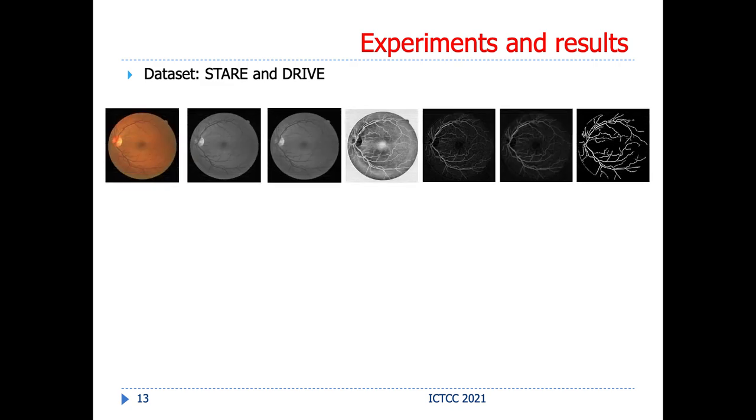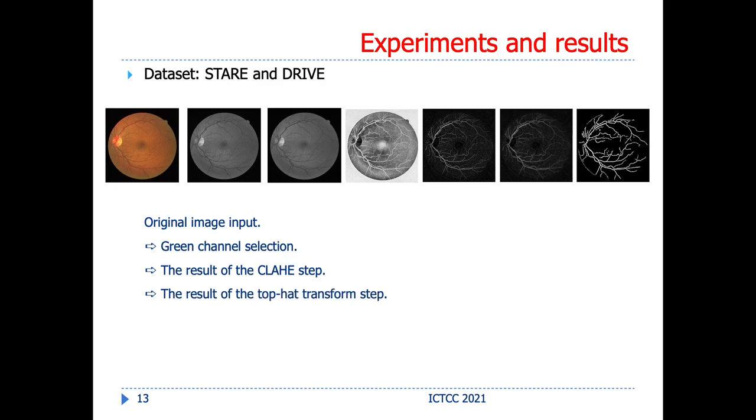And that is the result of the original morphology stage with 7 steps. From left to right, the first figure is the original image input. Next is the result of showing the green channel for the next step. Next is the result of the CLAHE step.